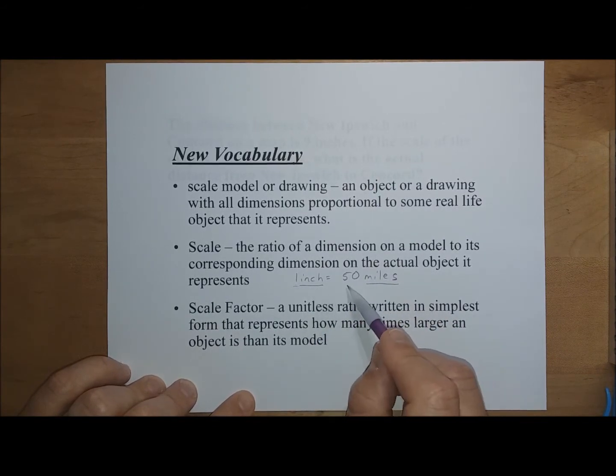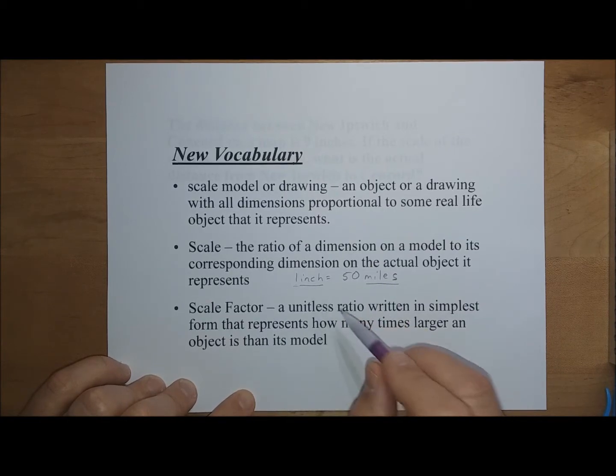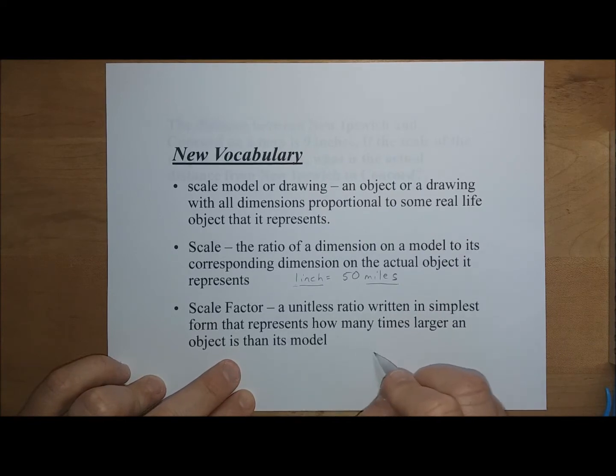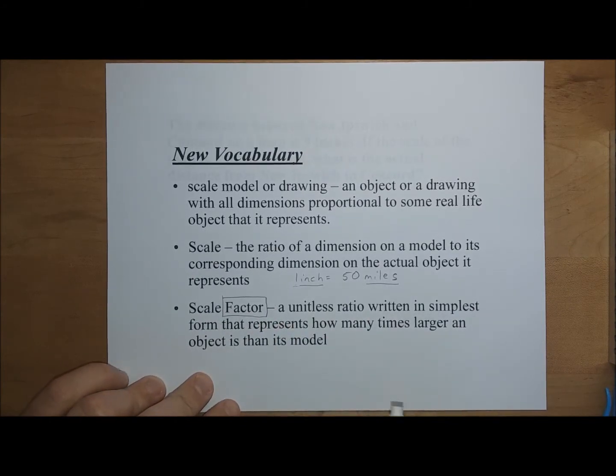I could say, well, how many inches are in 50 miles? And then I could put that into a ratio. I'd have so many inches over so many inches, and the inches would cancel themselves out, and you'd have nothing left but just a factor. Okay, so we're going to work with both of those and see how we can use them to solve problems.